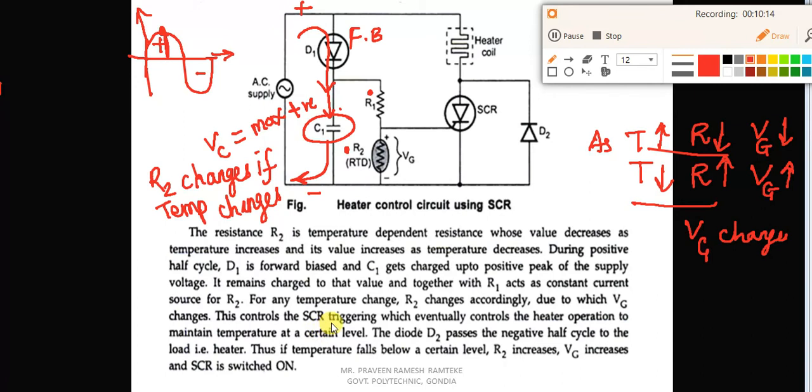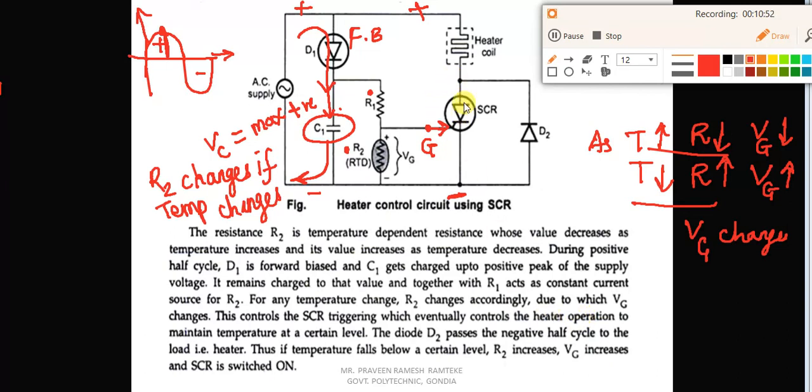This controls the SCR triggering. So ultimately this VG is at the gate terminal. As the SCR is forward biased during the positive half cycle, it will not conduct unless we provide the gate pulses. Once the SCR is triggered by the gate voltage, it controls the heater operation.